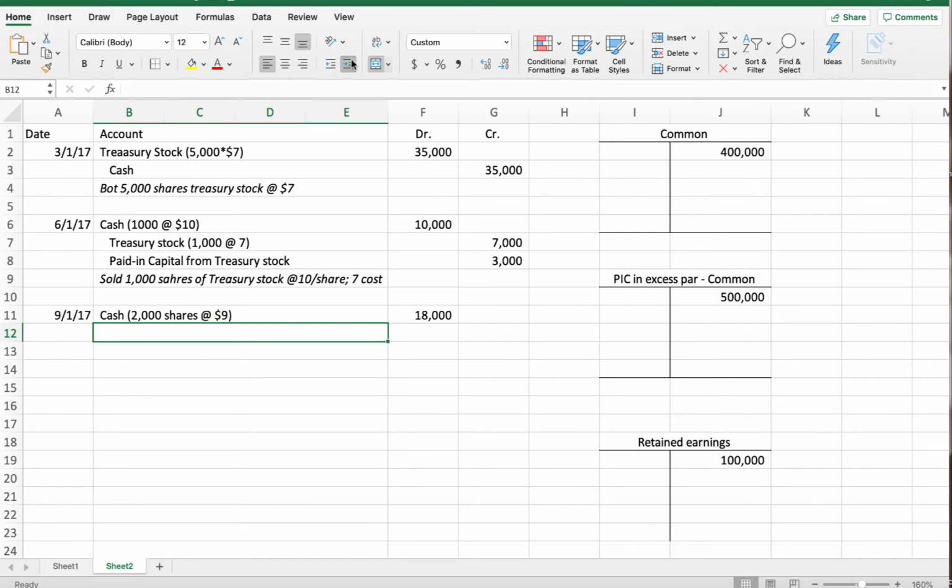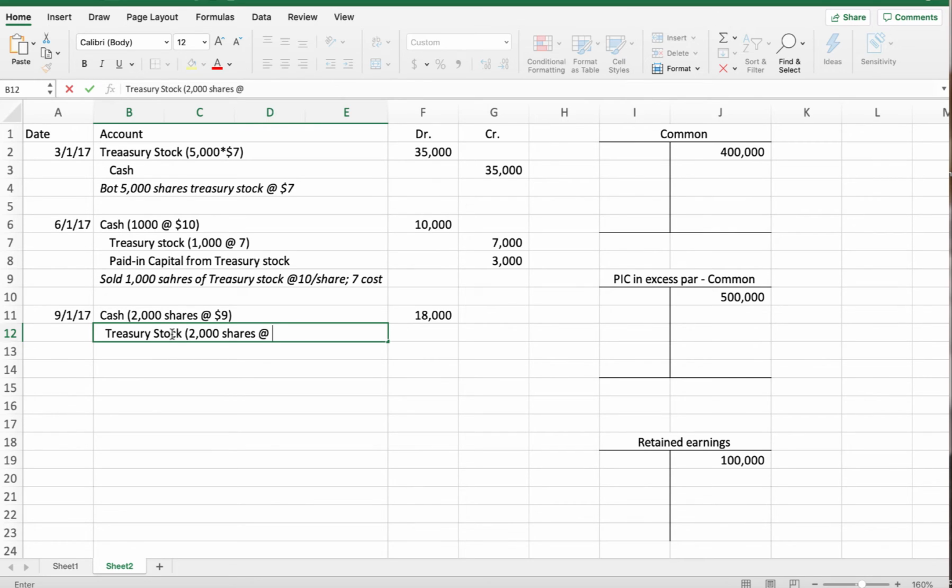Okay? So, journal entry is virtually the same, right? I'm getting cash, 18,000. What am I giving? Treasury stock. At what value? Well, I'm selling 2,000 shares. What did I pay for them?